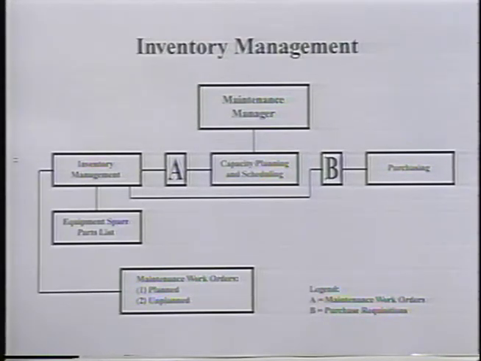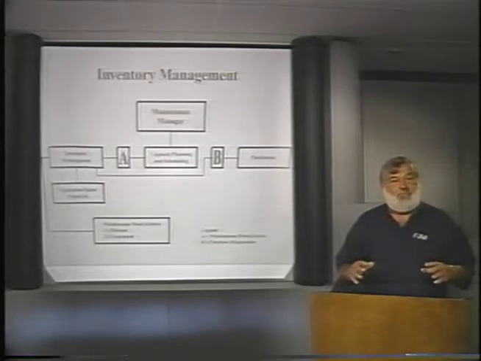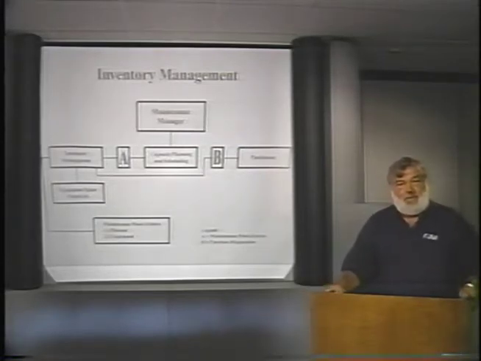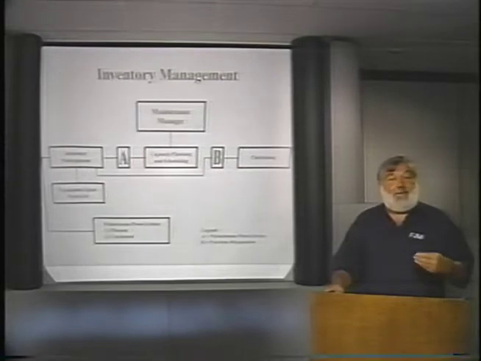Now, all of this data is recorded. That is, the maintenance work order requirements for spare parts are recorded on the inventory management pages based upon part number, quantity required, and date that it is required.